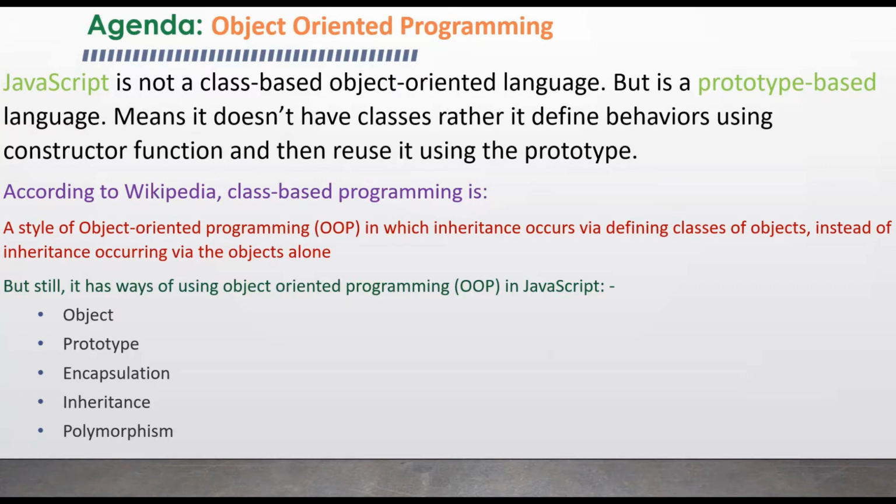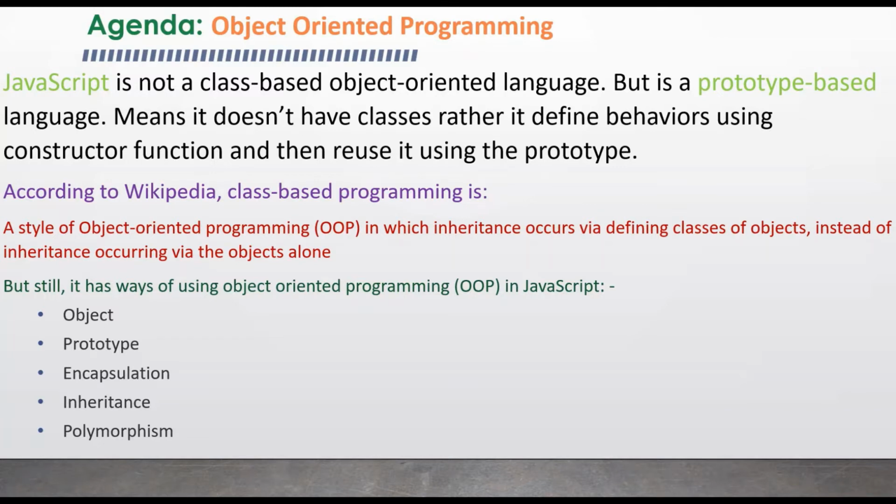So according to Wikipedia, it is a style of object-oriented programming in which inheritance occurs by defining classes of objects, instead of inheritance occurring by the objects alone. Most languages are based on classes, so inheritance occurs based on different classes.